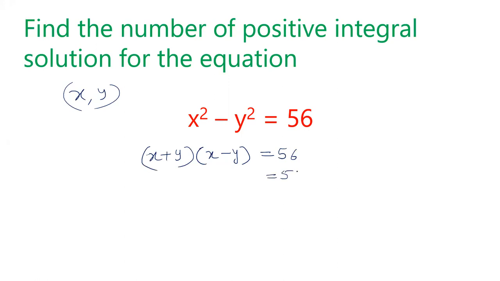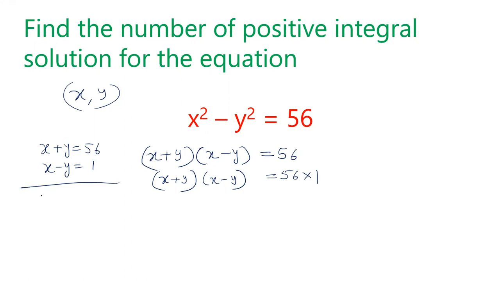If I write 56 into 1, I can consider that x plus y is 56 and x minus y is 1. When I solve this, we get 2x equals 57, x equals 57 by 2, which is not an integer value. So the pair of numbers cannot be 56 into 1.